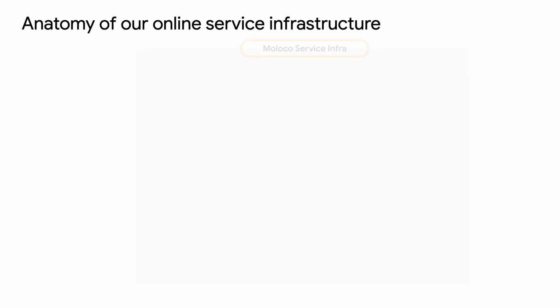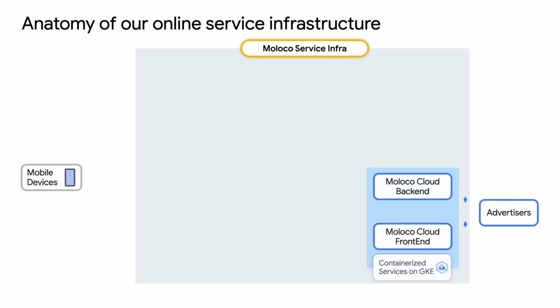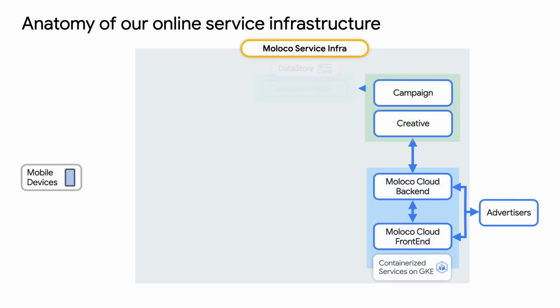We receive advertisement campaign commissions from our advertisers directly, through the front end or through API. We receive their request, and then we create internally what we call campaign data structures, along with the actual creatives that the customers created to show their end customers or the device users.